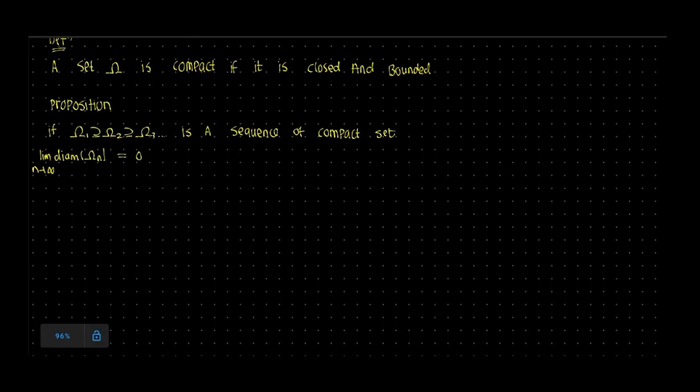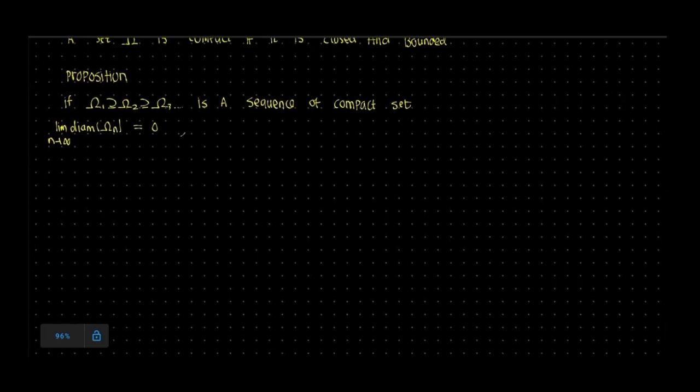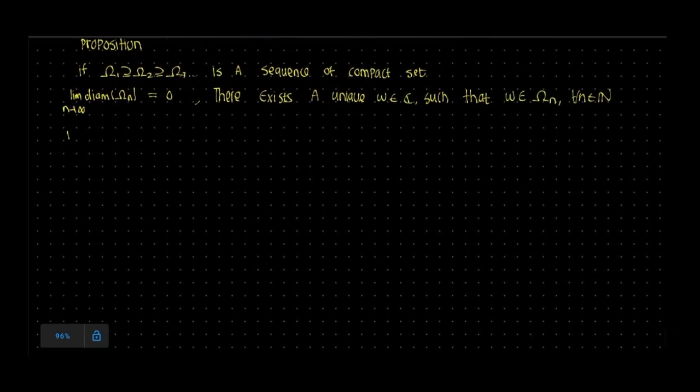So the compact sets are getting smaller and smaller as we move to larger n. We claim that this set collapses to a particular point. So we say that there exists a unique w belonging to C such that w belongs to omega n for all n in the natural numbers. We will prove this theorem.